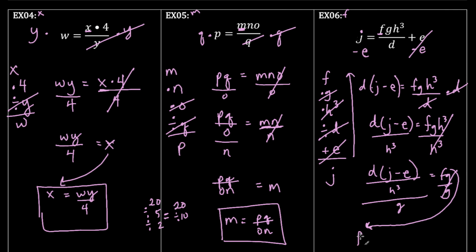So F equals D times J minus E. Remember, we're not going to divide it by H cubed and then G. We're going to divide it by H cubed G. I guess conventionally you put the G before the H because G comes before H and it's multiplication. But we'll just leave it like that. And that is our answer. Thank you.